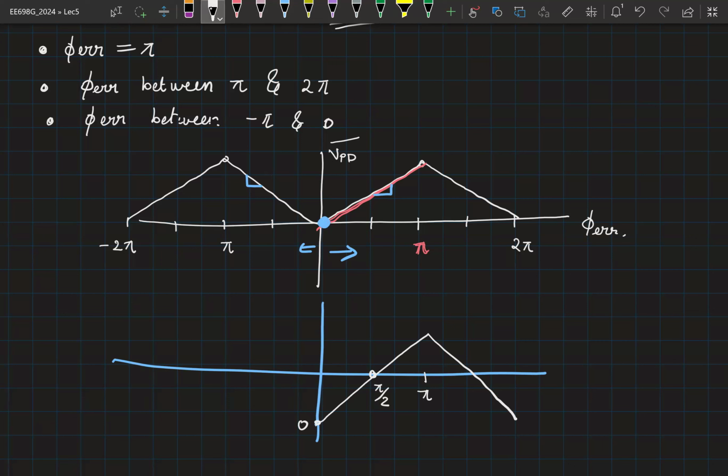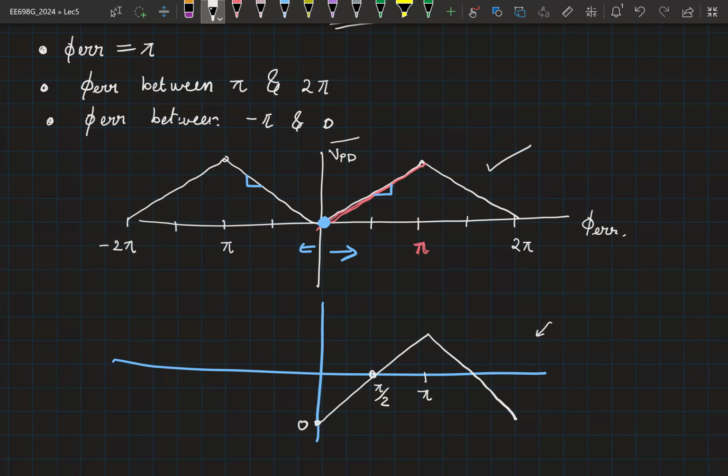So we would basically downshift the curve, and you don't have to worry about how we'll do it. It is possible to do it either by modifying the XOR slightly or doing some processing immediately after. But it is important to recognize that this characteristic of VPD average versus phi error is not what we will use eventually. We will require a characteristic that looks like this.